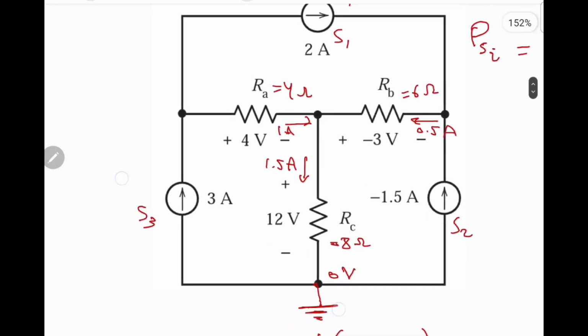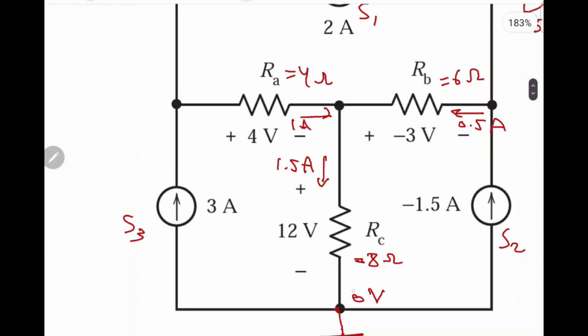Remember that RC has a voltage drop of 12 volt, which means that the voltage difference between this point and that point is 12. So if one of them is 0, then the other should equal 12 volts.